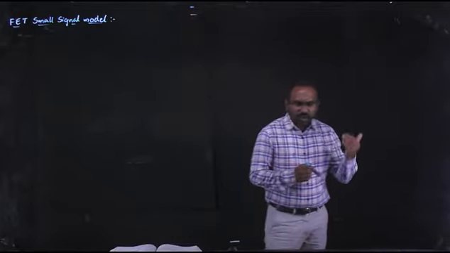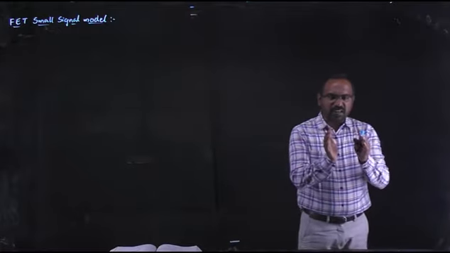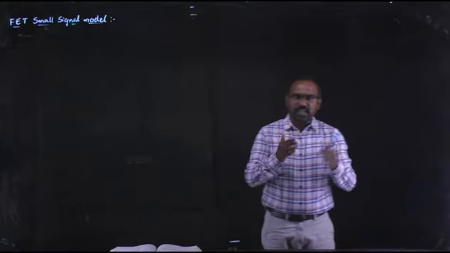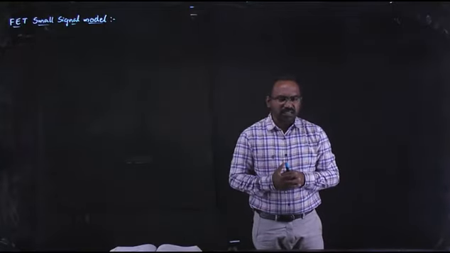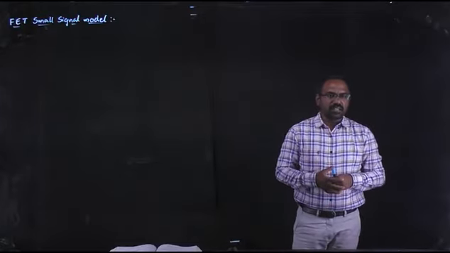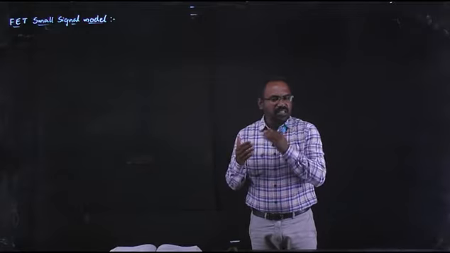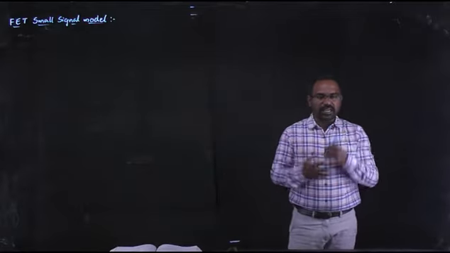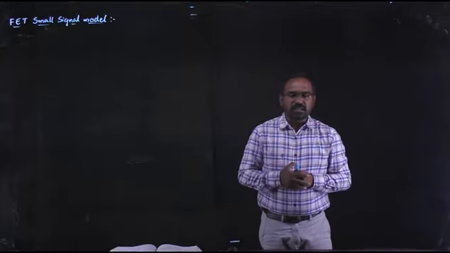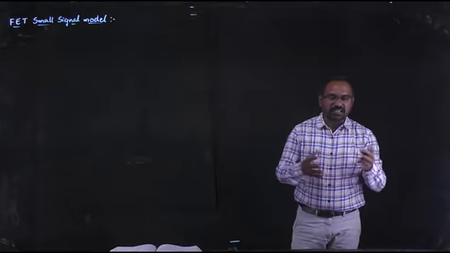Generally, for lower frequency signals, the transistor's equivalent diagram will be in one form, and for higher frequency signals, generally frequencies greater than 1 megahertz at the input of the amplifier, the equivalent circuit diagram for the transistor, especially for the bipolar junction transistor, is different.